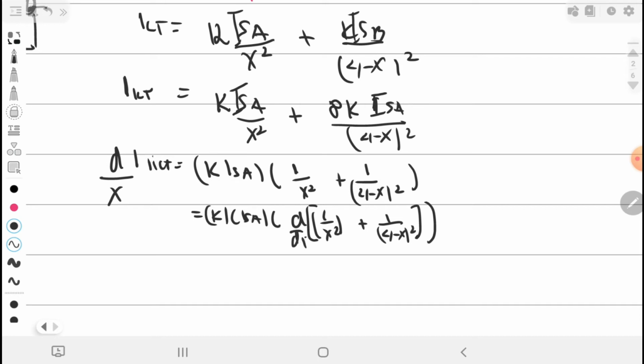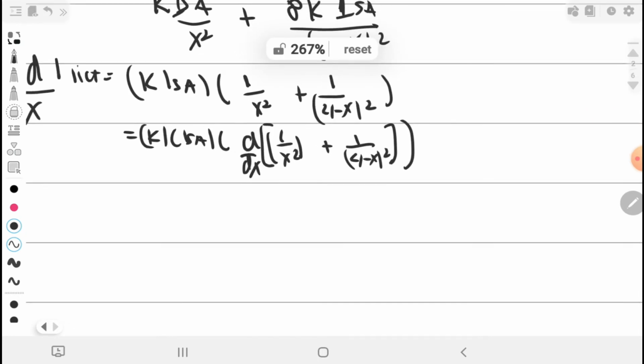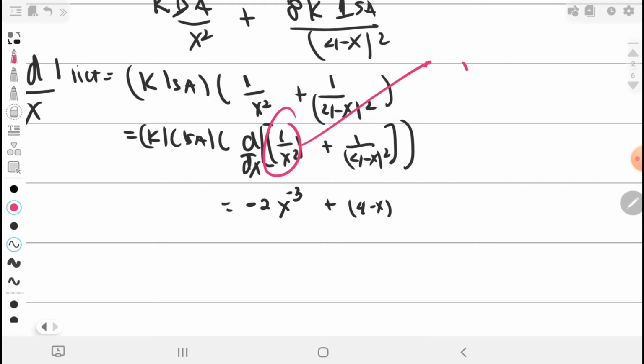With respect to x, from that I will have x raised to negative 2, so I will have negative 2x cubed, plus 4 minus x. For x raised to negative 2, when I lower the power, less 1, so negative 2x raised to negative 3, multiplied by the derivative of x, which is 1.